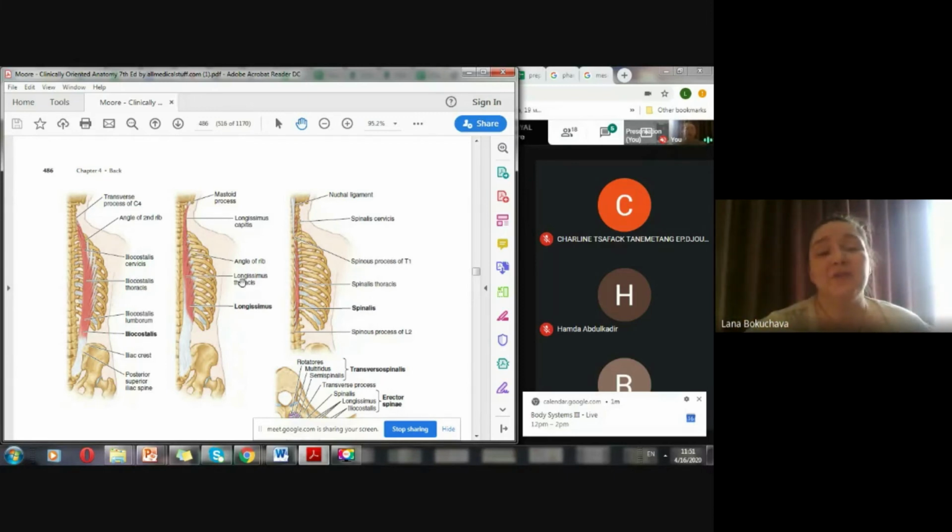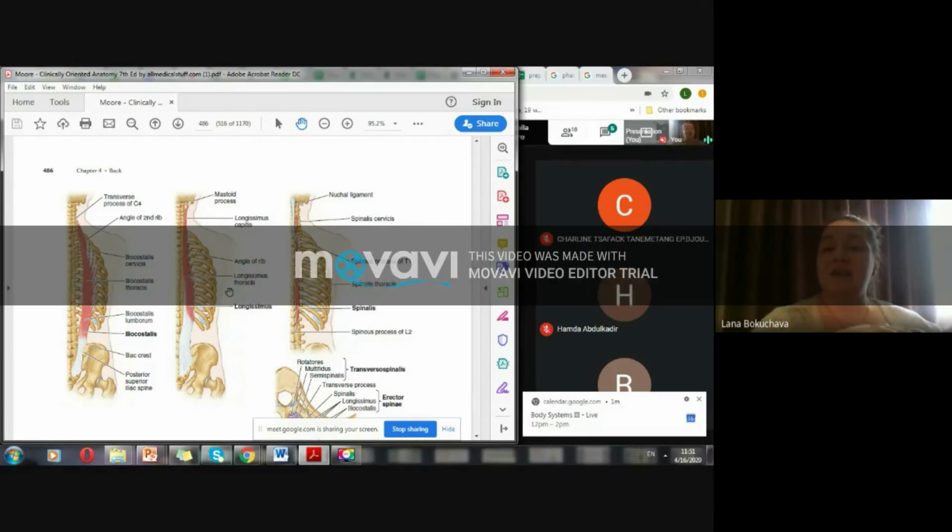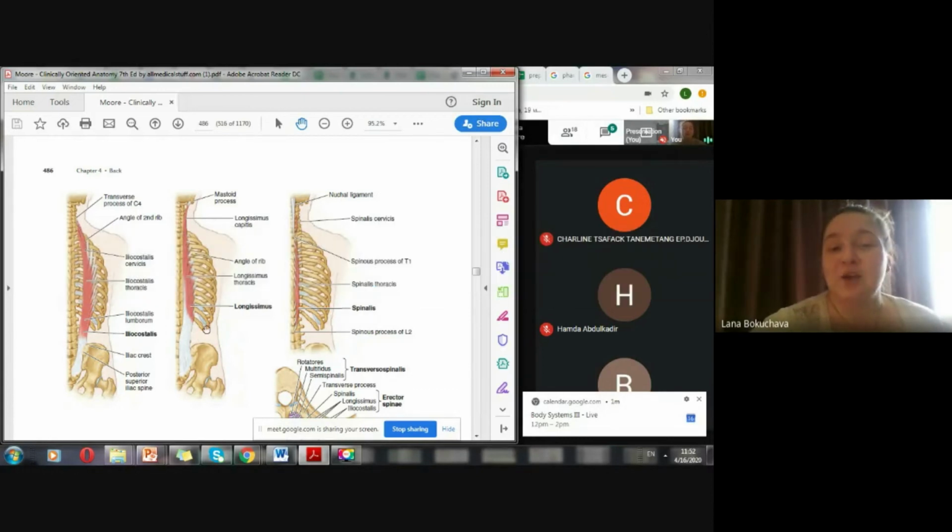The same happens for the longissimus, although compared to the iliocostalis, which is much lower in this case and has the lumborum part, in the case of longissimus as well as the spinalis, you will not find the lumborum. Although in their case, you can find the thoracis: longissimus thoracis, as well as spinalis thoracis.